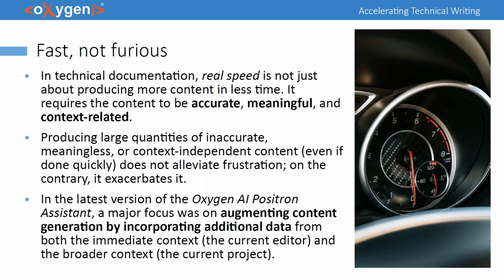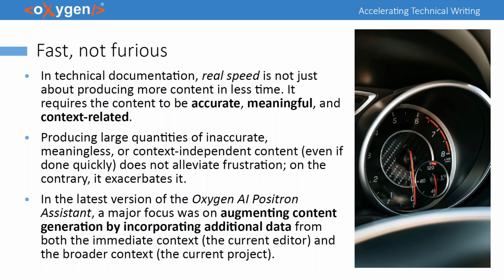Even if we produce large quantities of content and we do it quickly, if it's not accurate, if it's meaningless, or if it's context independent, then this does not alleviate frustration in any way, but on the contrary, it actually exacerbates it.